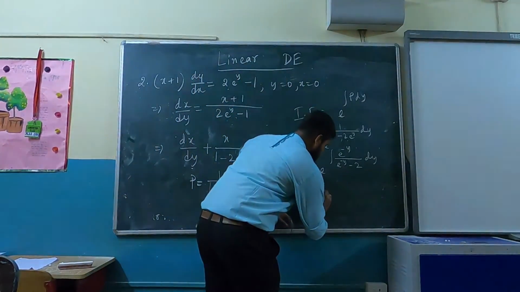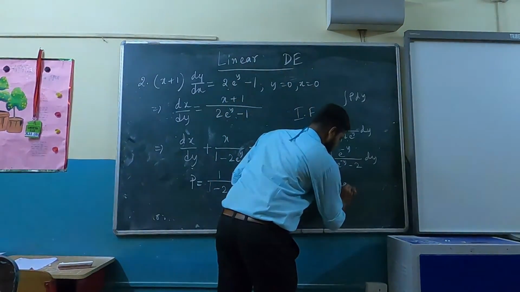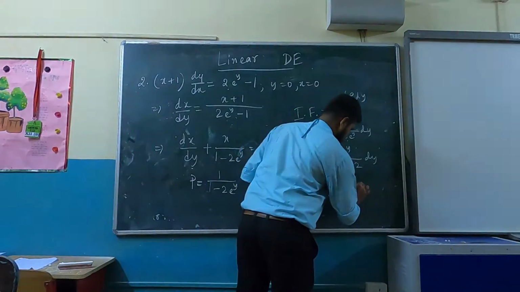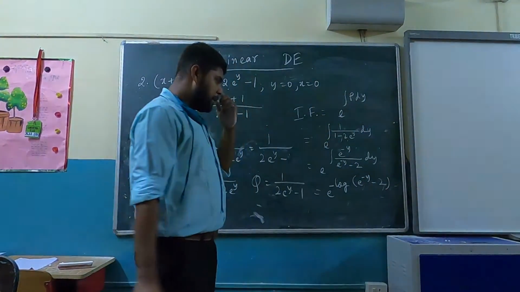So therefore this is e to the power minus log of this. This is what it becomes.